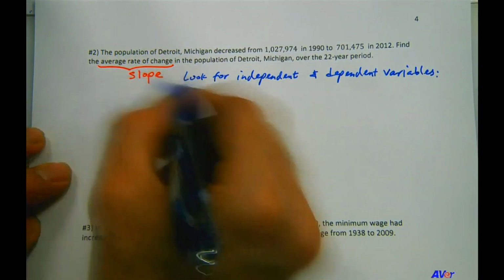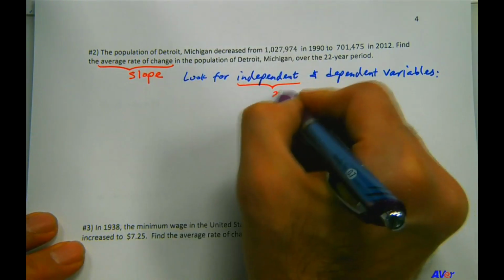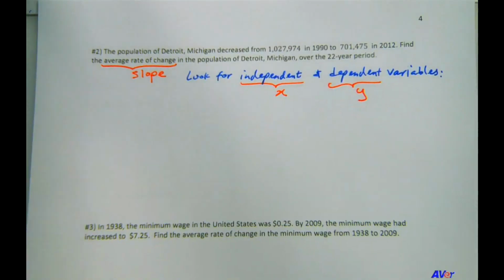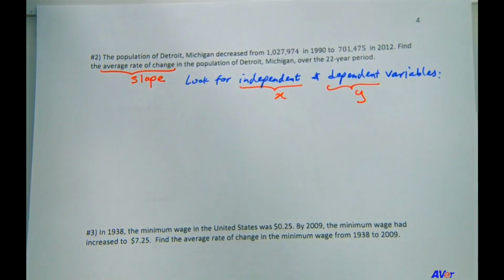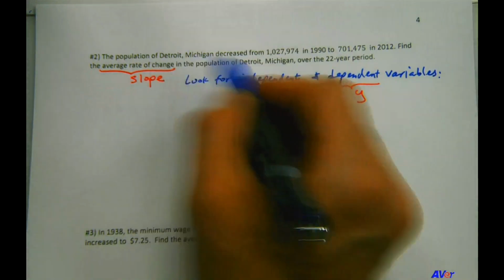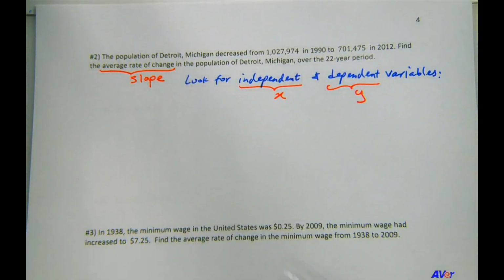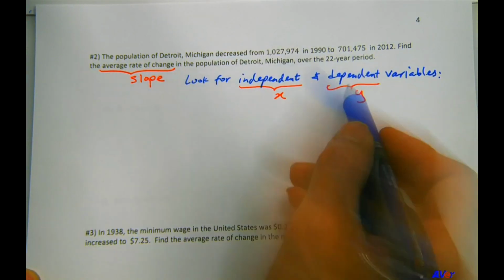Because the independent variable is the x value, and the dependent variable is the y value. So as we read this problem again, let's focus on what depends on what. Okay, so the population of Detroit, Michigan decreased from this to that over this time. So definitely the independent variable here is which one?